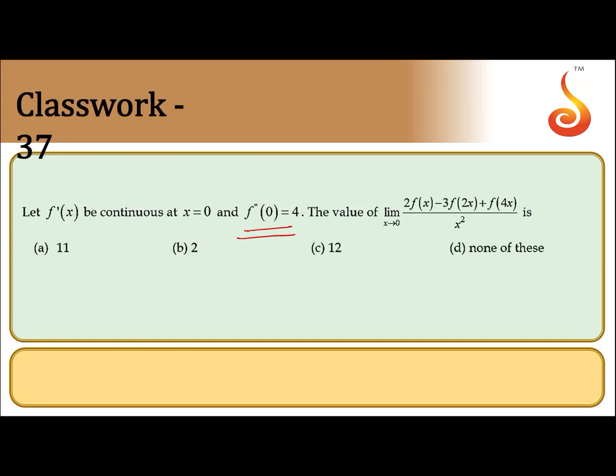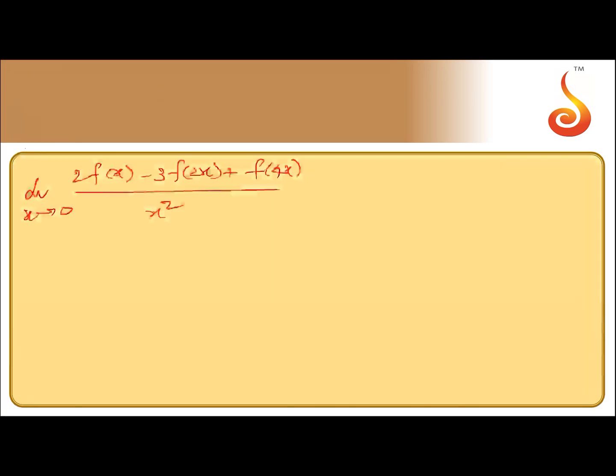Of course, when I substitute x equals 0, f double dash of 0 is equal to 4, and f dash is a continuous function. Substituting x equals 0, you will get 2 times f of 0 minus 3 times f of 0 plus f of 0 divided by 0. It is in the form of 0 by 0.